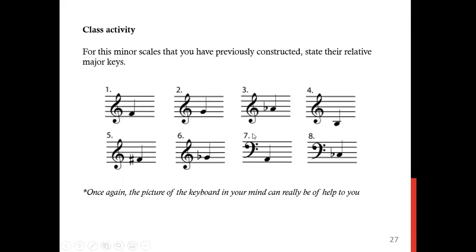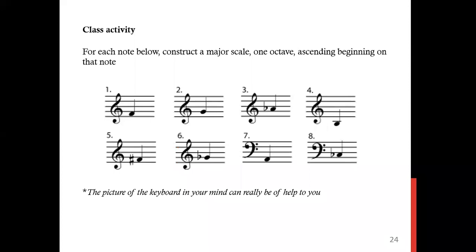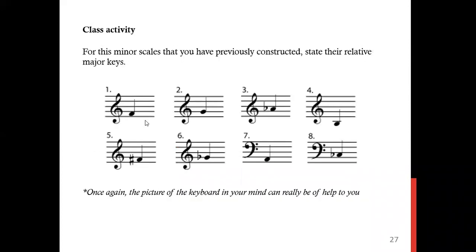You know what you're supposed to do here now. For this, let me just compare the first assignment. I think it's basically the same thing. But you remember you have only constructed a major scale. All right.